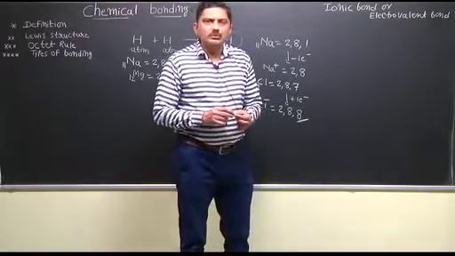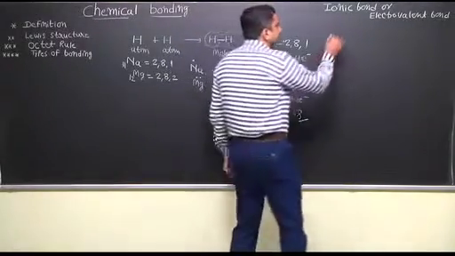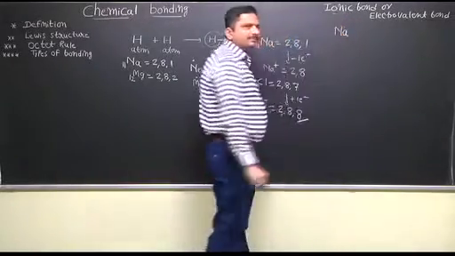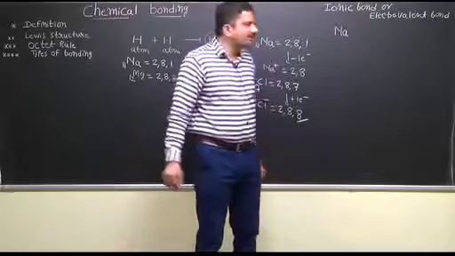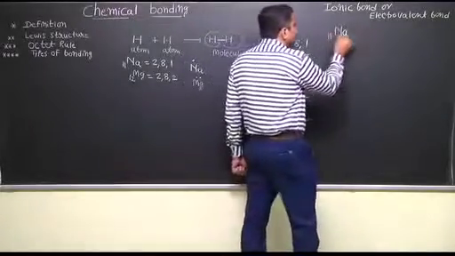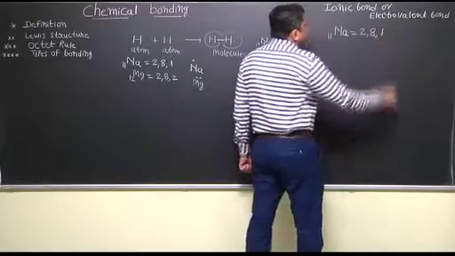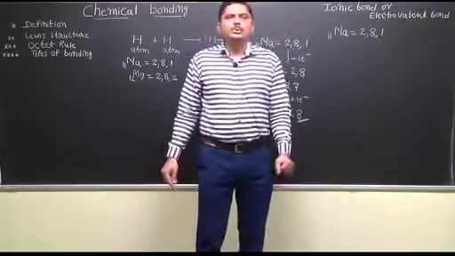How is sodium chloride formed? Sodium, atomic number 11, we can write 2, 8, 1.